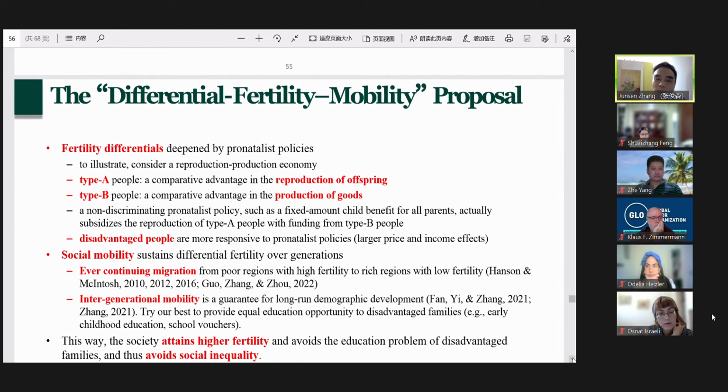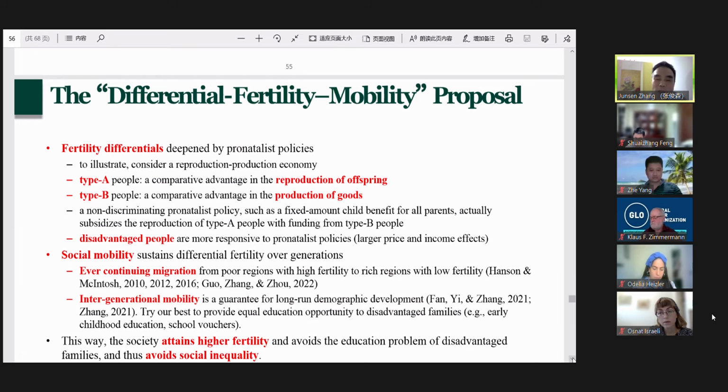Rich people, high income people or highly educated people, have a comparative advantage in production, in physical production, in income generating activity, in paying the tax, right? Low income people are more responsive to financial incentives. So the two groups have different comparative advantages.